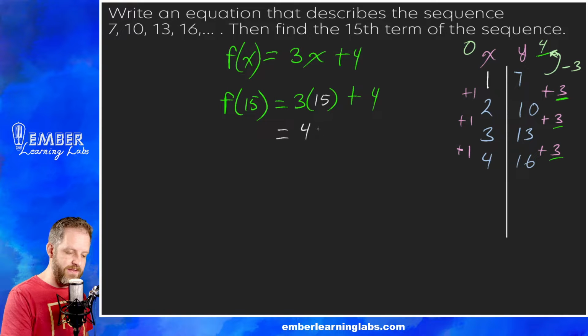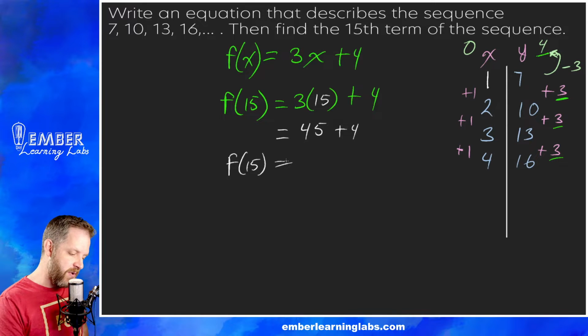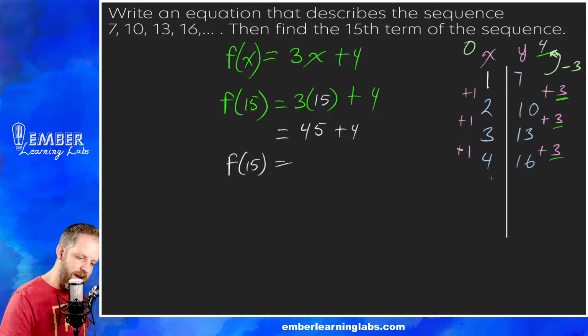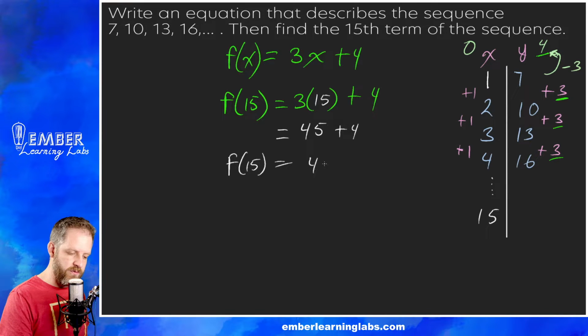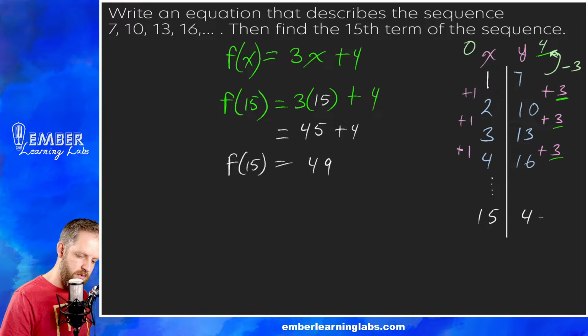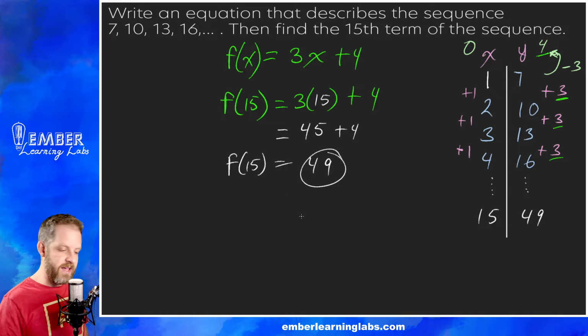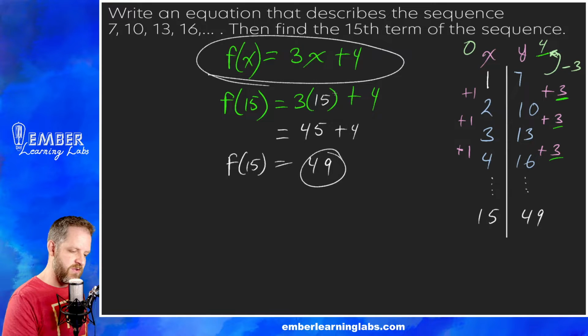How about 45? I was about to say 30, but it's 45, plus 4. So f of 15, the 15th term of this sequence, equals 49. This is part of the answer, and then the equation is right there.